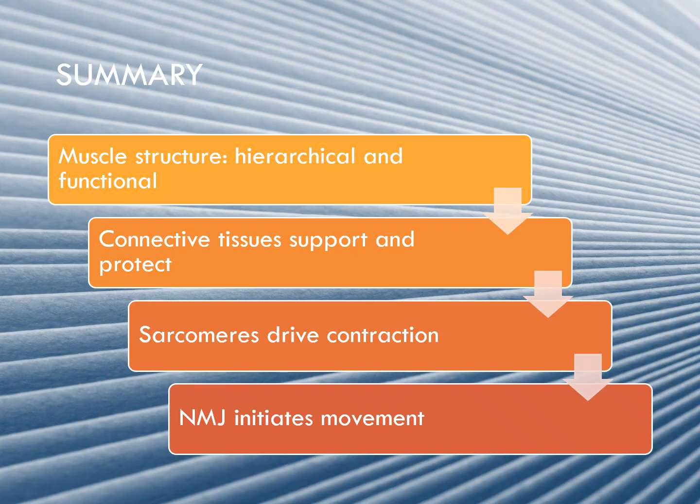The neuromuscular junction is a critical link between brain signals and contractions, ensuring that voluntary movements happen seamlessly. Training, therapy, and rehabilitation can actively reshape muscle structures, whether by increasing fiber size, enhancing endurance, or restoring function after injury.